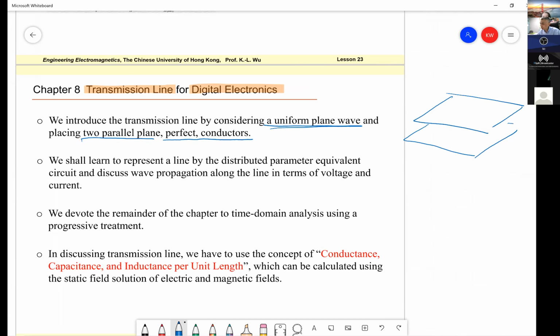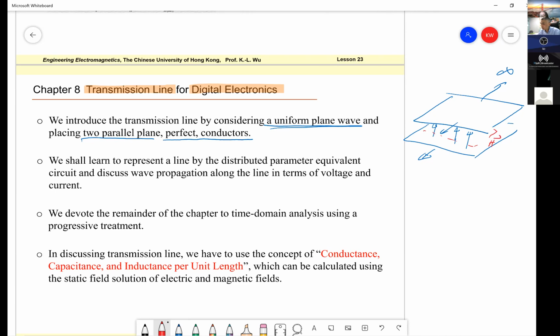So I should say this is infinitely long, okay? However, the electrical field can exist. The magnetic field also exists down.